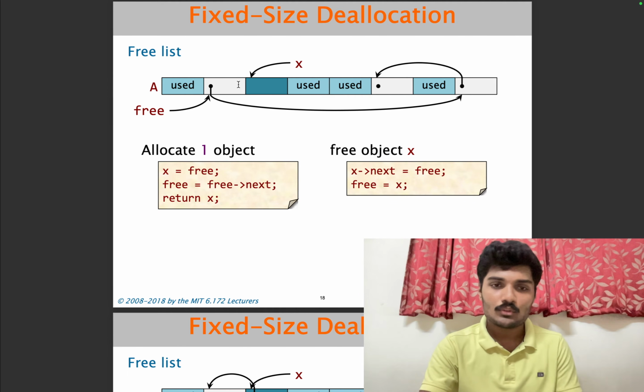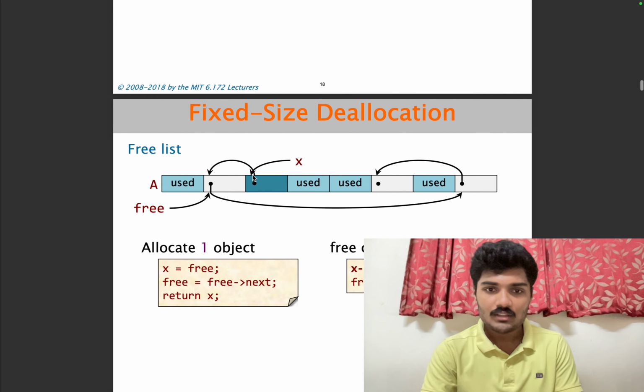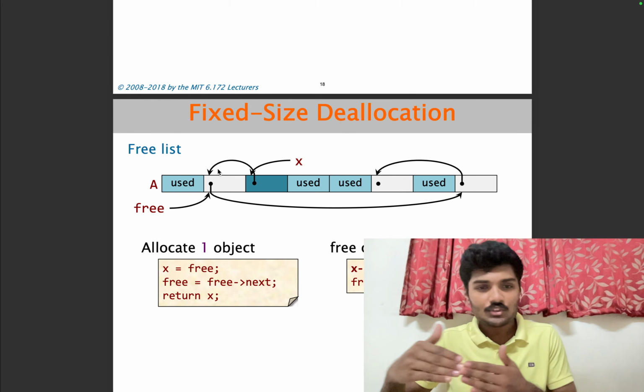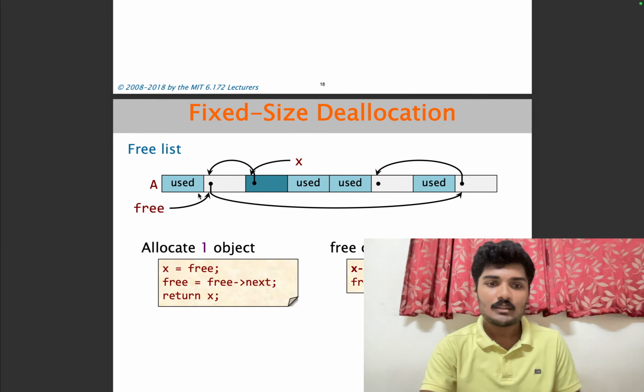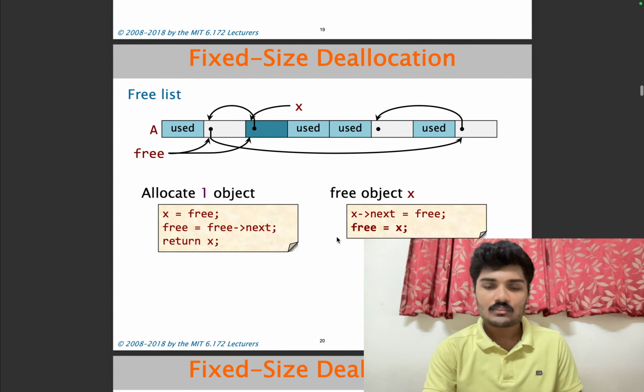This is what it looks like. x next is equal to free, where the next pointer points to the initial pointer of free, and then we move the free pointer to x, where free is now x.